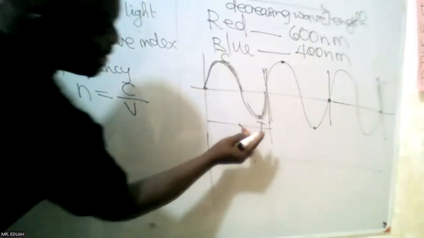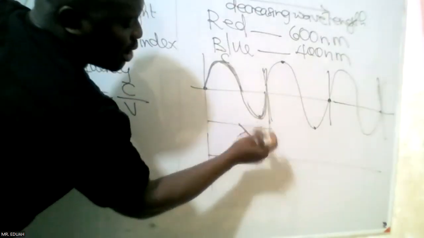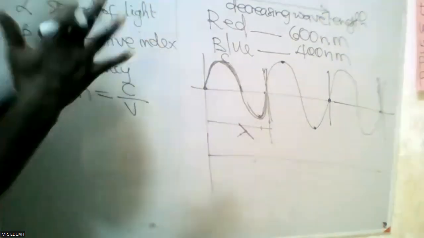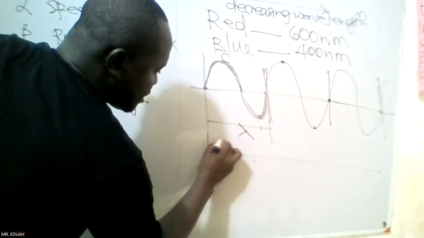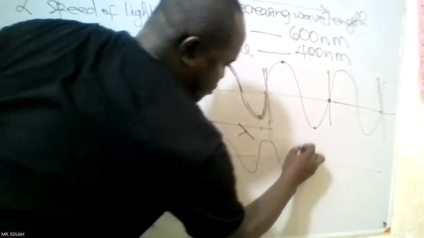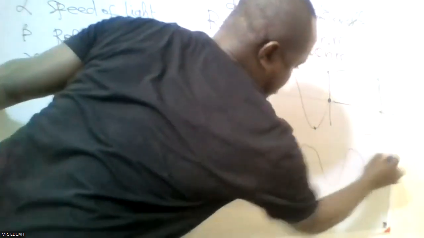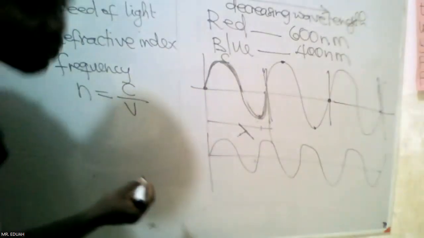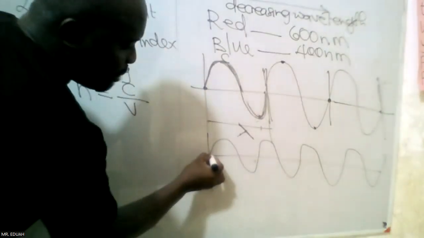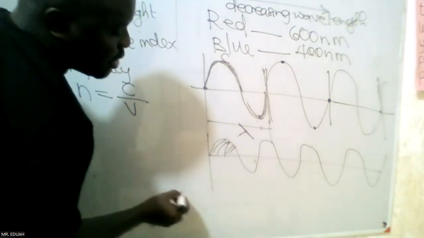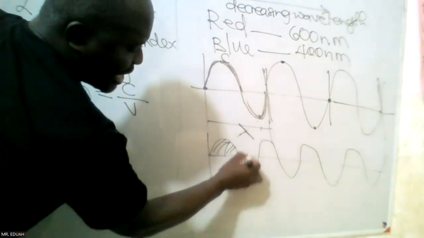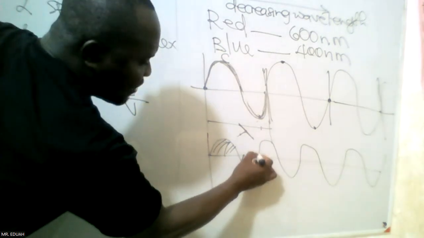Let me draw another wave. But this time, this distance we are calling wavelength is short. This is a longer wavelength. So this wave has a shorter wavelength, meaning that the distance from one positive pulse to another negative pulse is very, very short.